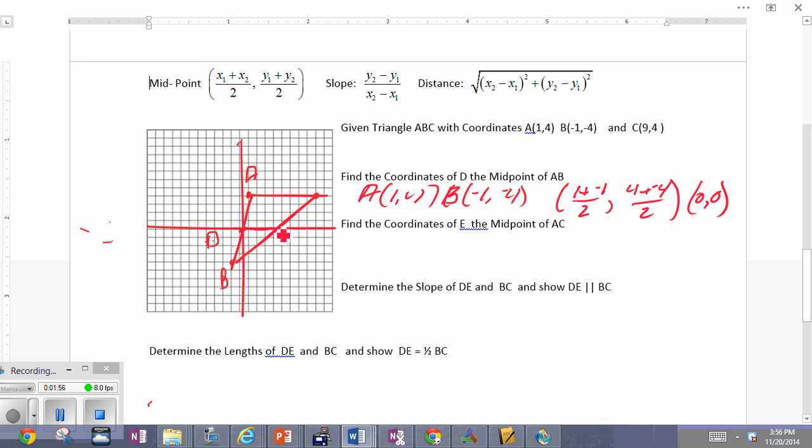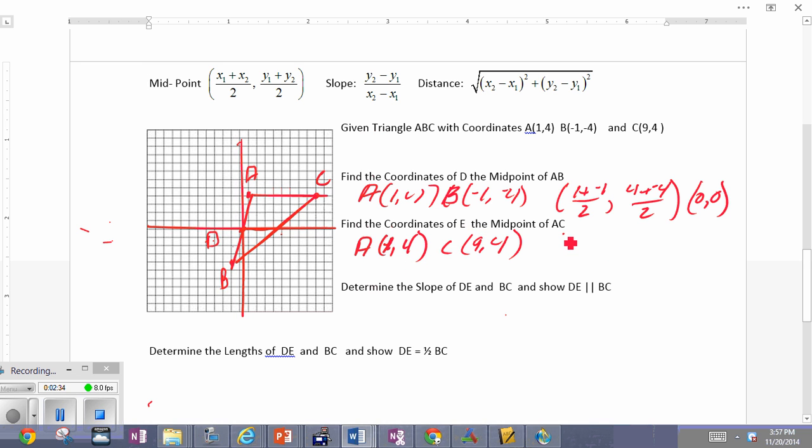Now the other midpoint is the midpoint of AC. Here's my point up here, C. What's nice about that is for the midpoint of AC, I have A at 1, 4, and C at 9, 4. It should be no surprise that the y coordinate is going to be the same, as you can see right here.